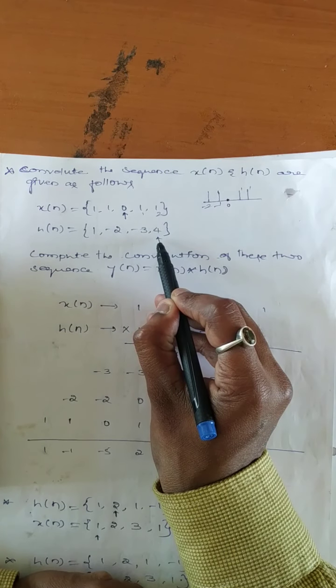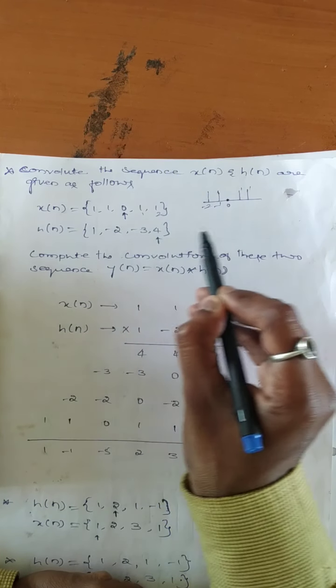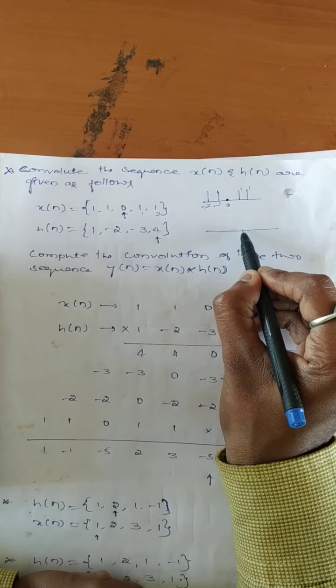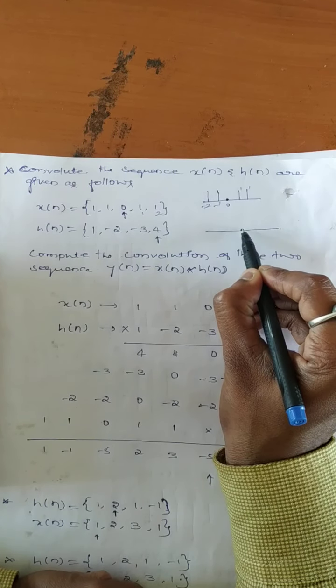When you consider h of n, the impulse response, the 0th position can be written like this. At 0 the amplitude will be 4.